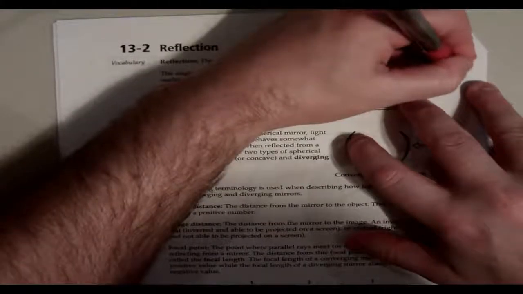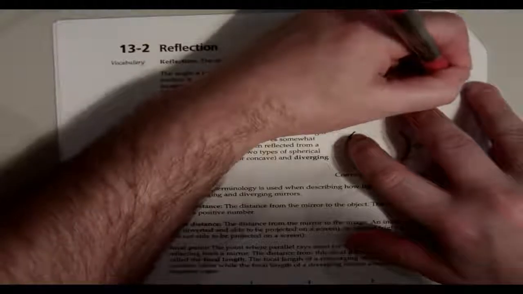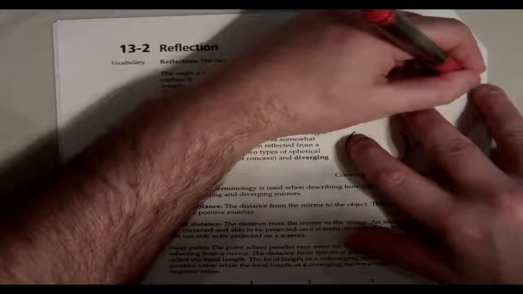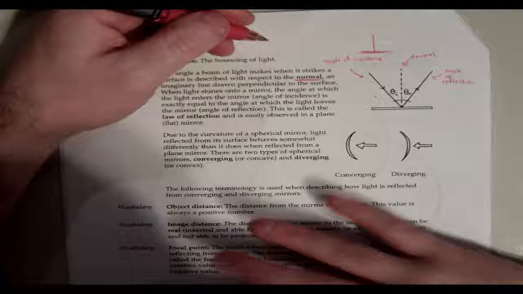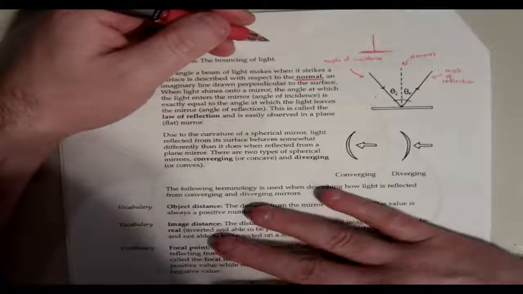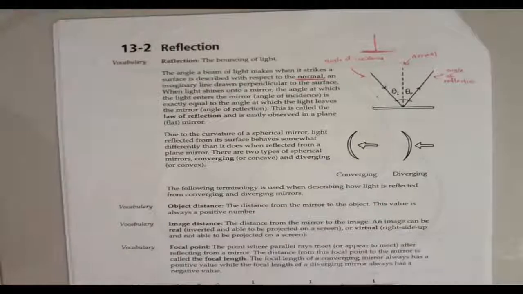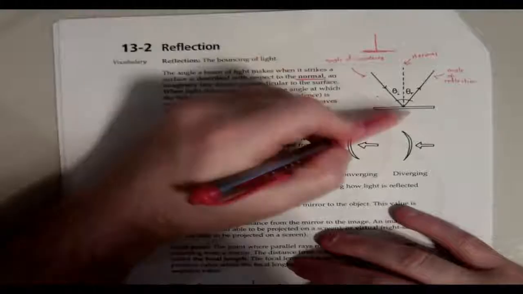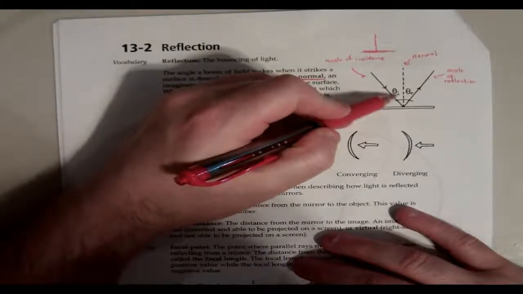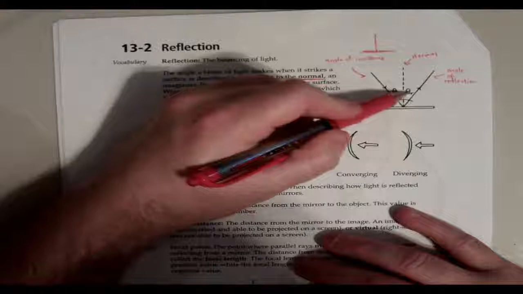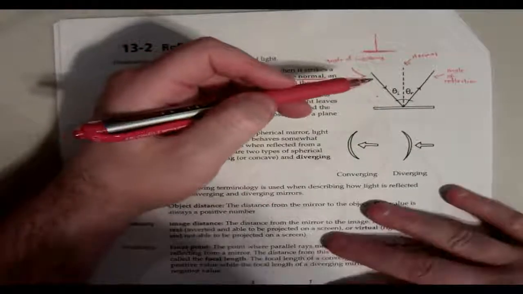So we're at the angle of reflection, right? And this is called the law of reflection. Okay, so pretty standard stuff. In other words, the angle that it hits the mirror right here is going to be equal to the angle that it leaves the mirror right here, right?